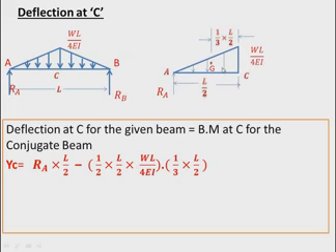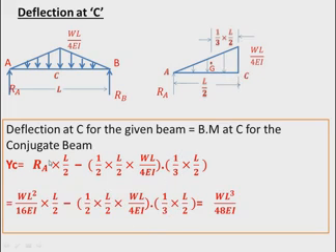You know that the centroid of this triangle lies at a distance of 1/3 of L by 2 from C. We are writing the bending moment at C, so we multiply by this distance, 1/3 of L by 2. If you substitute the value of RA, which we got as WL squared by 16 EI, and simplify, we get WL cubed by 48 EI, which is nothing but the deflection at C. The deflection at C for the given beam is WL cubed by 48 EI.